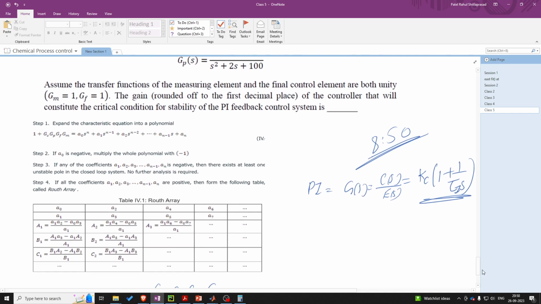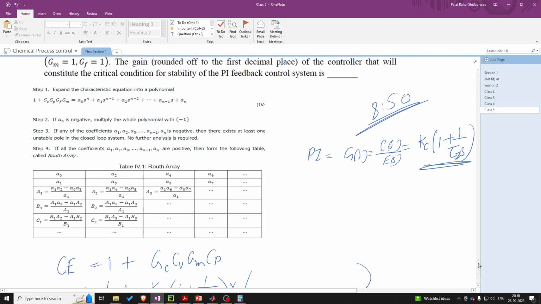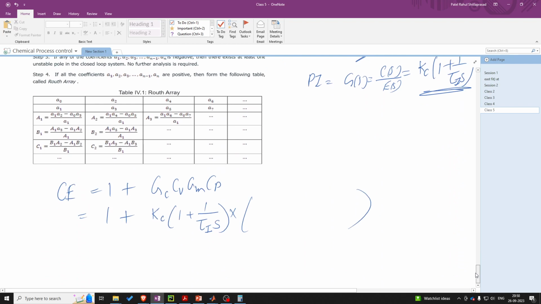So we can write this over here. It will become Kc into 1 plus 1 upon tau I S. This is GC, rest all things are 1, and then we have the process. The process is 10 upon s square plus 2s plus 100.